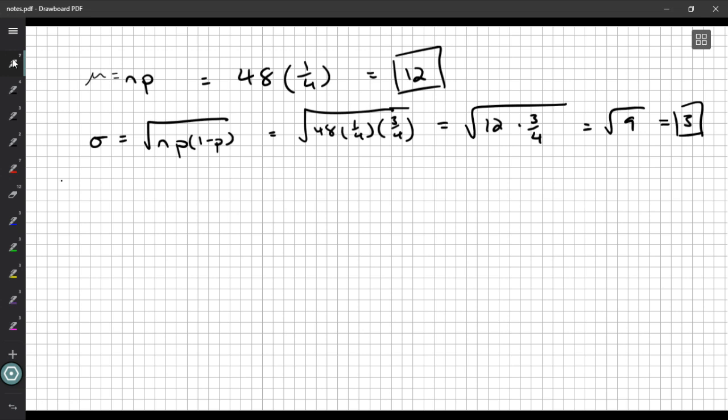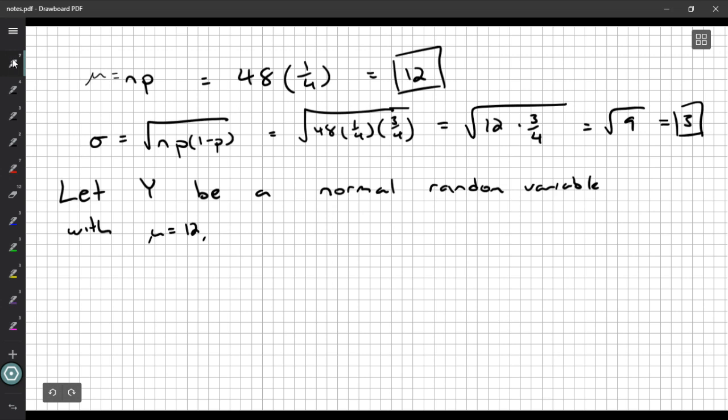So what we can do is we can say something like, let Y be a normal random variable with the same mean and same standard deviation.